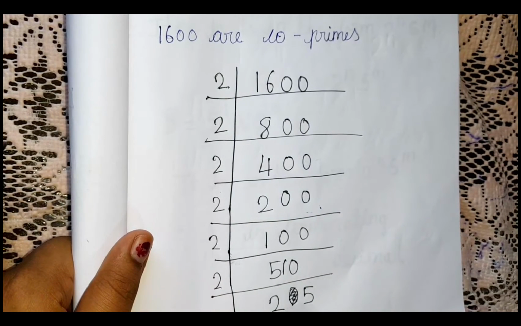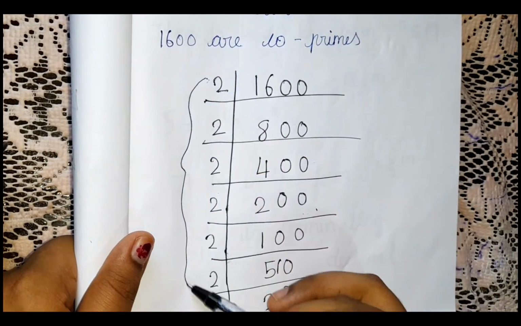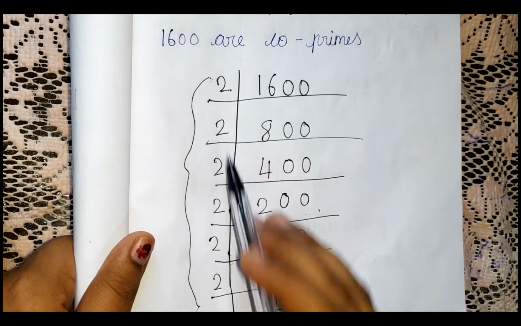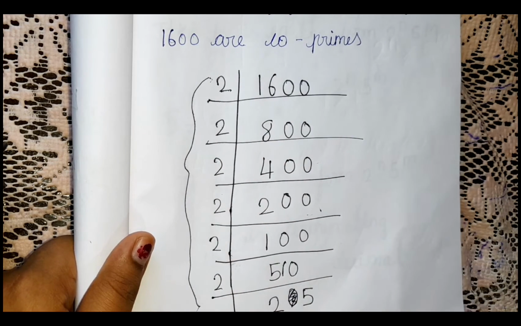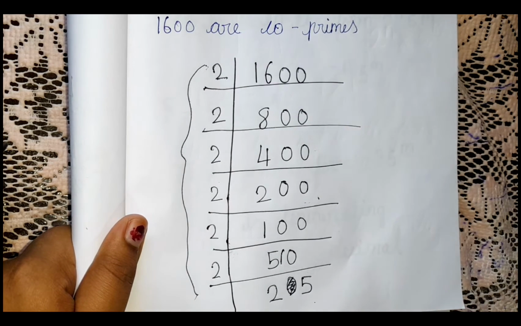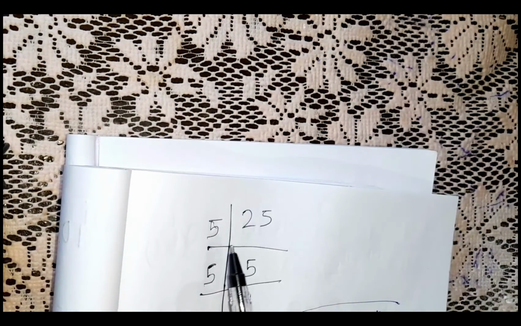As you can see, after solving it we got a certain prime factorization. After the prime factorization method, we got certain numbers over here. Am I right? Still we have numbers, because we didn't get the last number as 1. So let me show the continuation of that.